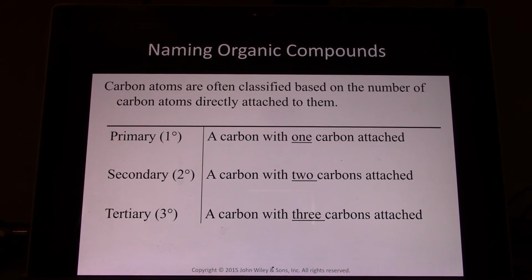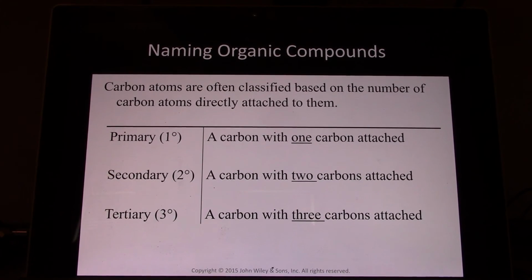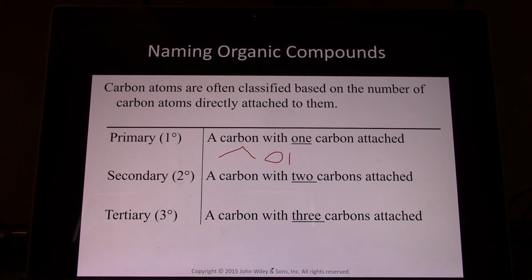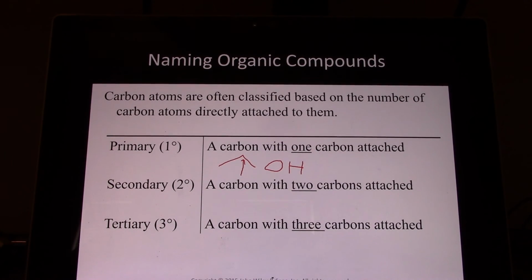So, a primary carbon is a carbon that's only attached to one other carbon. So it's typically a terminal carbon, like if we have ethanol. This last carbon is primary. It's only attached to one other carbon.